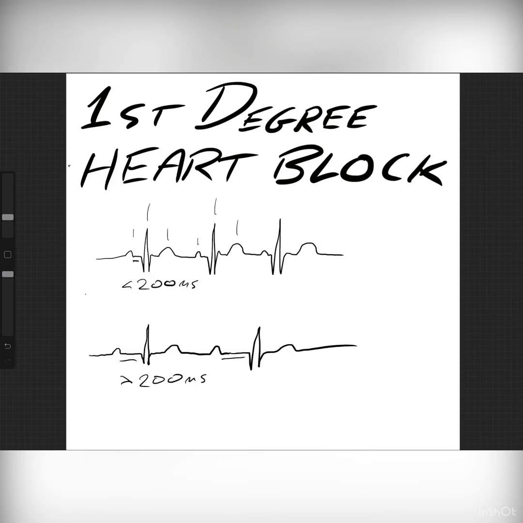And 200 milliseconds is usually 5 small squares on ECG paper for reference. First degree heart block by itself, with no other ECG abnormalities, doesn't cause any symptoms, is usually quite a benign finding, and does not require any artificial pacing.